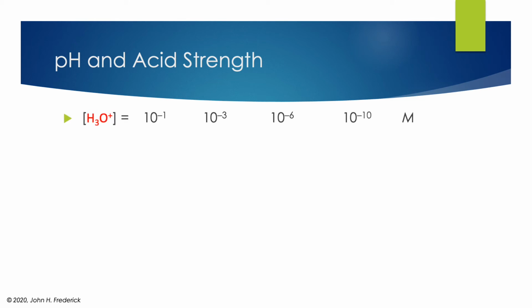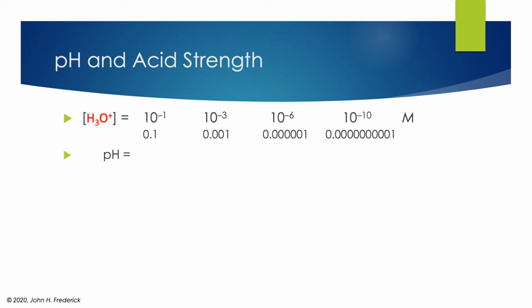Let's suppose we're going to look at a range of different possible acid concentrations, hydronium ion concentrations. Now I can write them out as exponents of 10. If you want to see them in decimal form, they look something like this. Sometimes it's easier for us to grasp the relative magnitudes of things when we write it out as a decimal. Now, I can easily convert these things to pH.